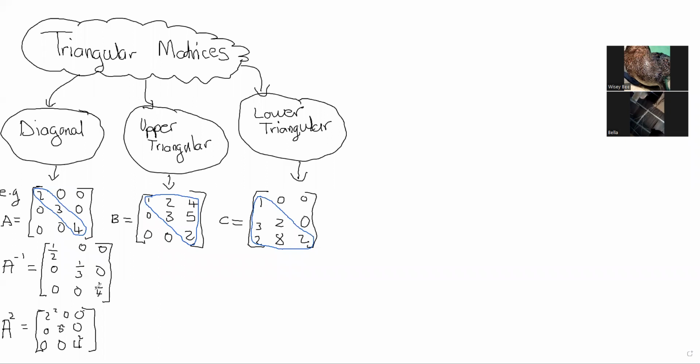And then another thing that you need to know about triangular matrices is that the determinant of any triangular matrix is just the multiplication of the diagonal.